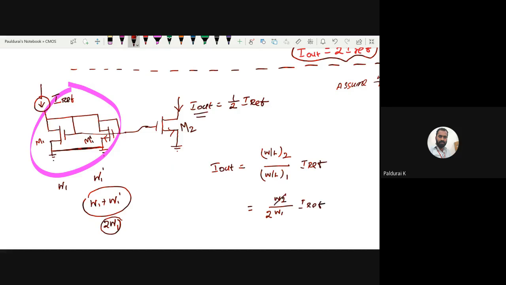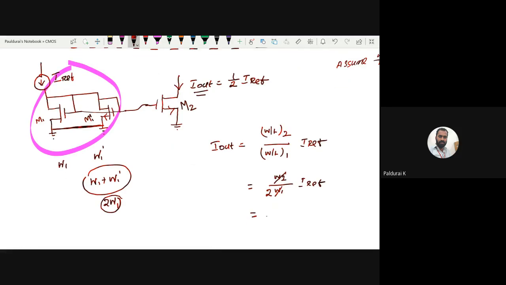Assume both are identical, W1 equals W2. So it becomes 1 by 2 times I reference. So if you want to generate 50% of I reference, then you connect two diode connected devices in parallel.